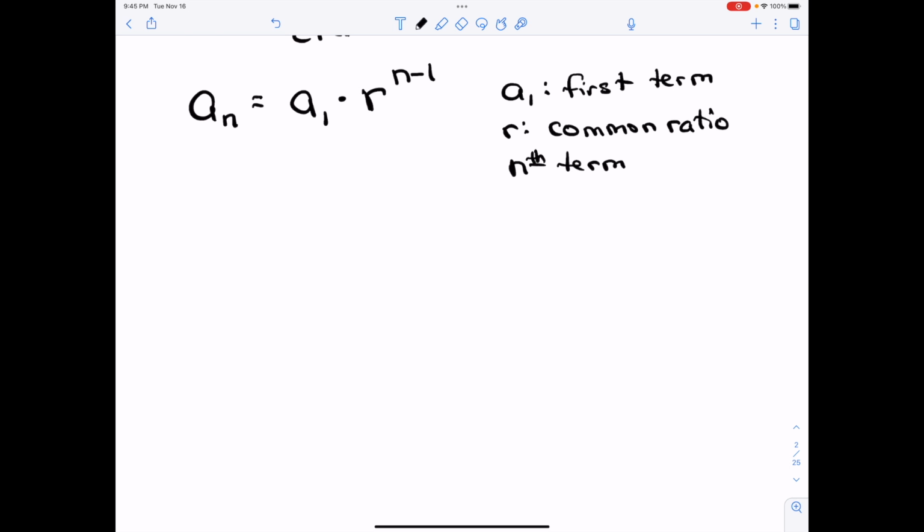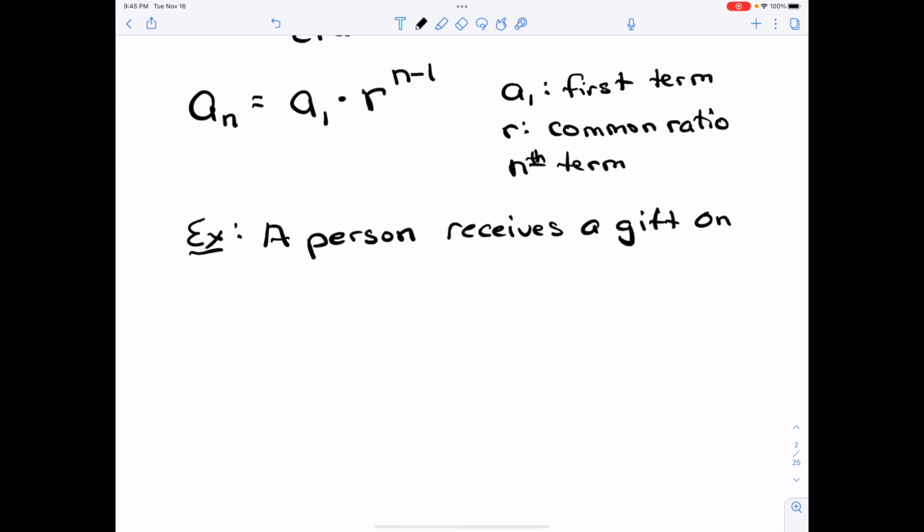Okay. So let's look at an example or two dealing with these geometric sequences and common ratios. Let's say that a person receives a gift on the first day of each month for a year.